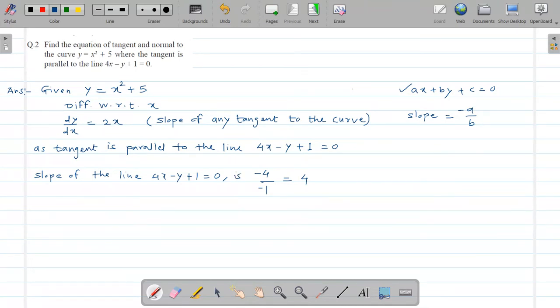Now as the tangent is parallel to this line, we know that the slopes of parallel lines are equal.